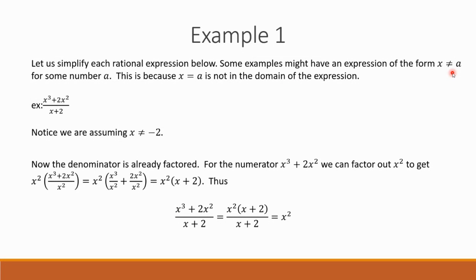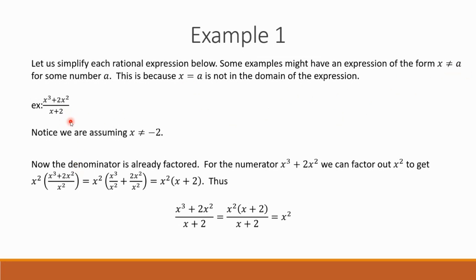In other words, they're saying x is not this number a, because that's where the denominator is 0. You won't always see that, but you might see it in the textbook. So here we're going to assume in the background that x is not -2, right? Because if x were -2, the denominator would be 0. And that's a no-no.